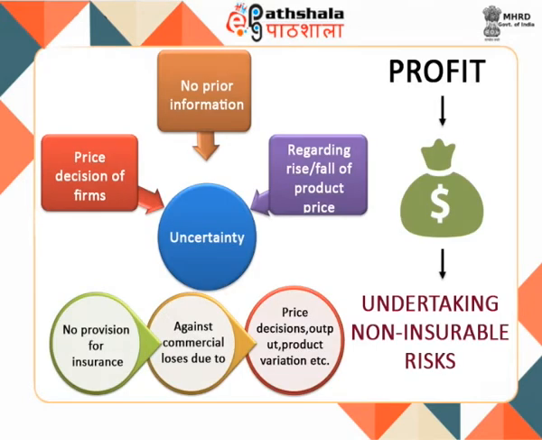For example, uncertainty can be reflected in the outcomes of price decisions taken by firms, or the fact that there is no prior information regarding the rise or fall of product price. There is no provision for insurance against commercial losses which may arise due to price decisions, output, product variation, etc. Entrepreneurs claim profit as rewards for undertaking these non-insurable risks or uncertainties.